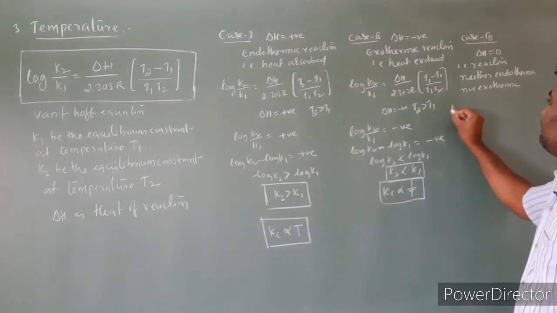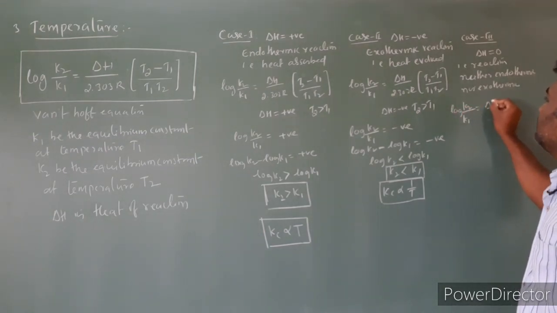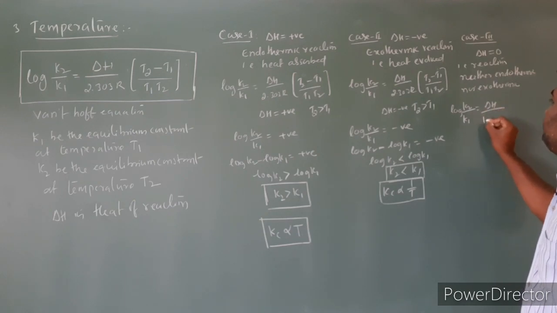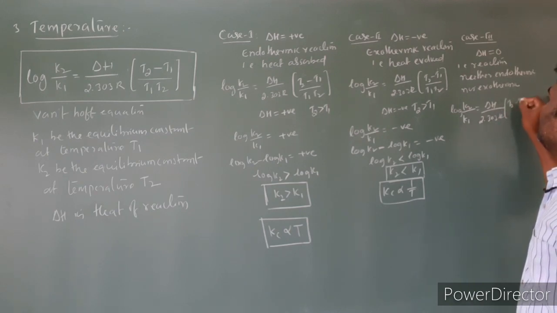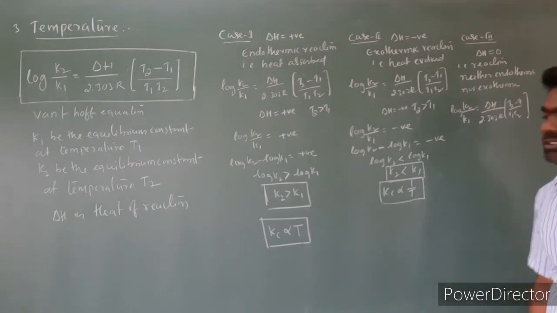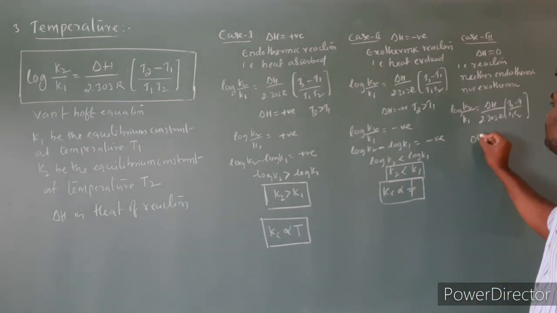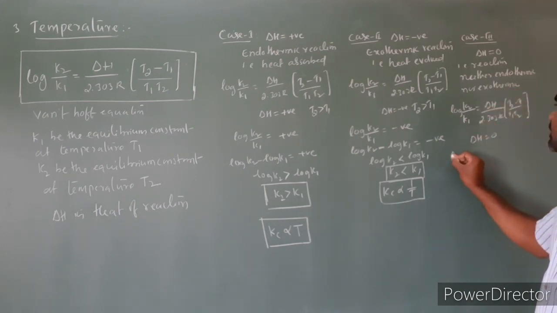So I am taking the equation log K2 by K1 is equal to delta H by 2.303 R into T2 minus T1 by T1 into T2, isn't it? Here delta H is equal to 0, so this total term will become 0.